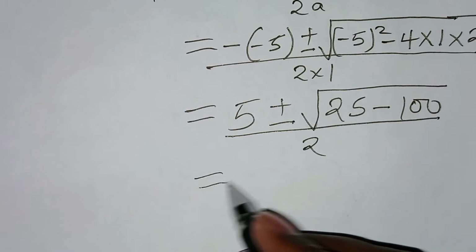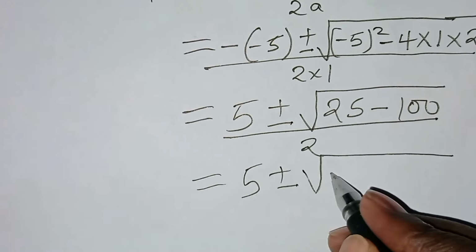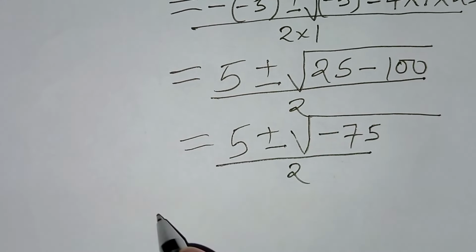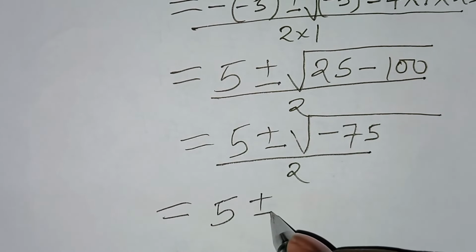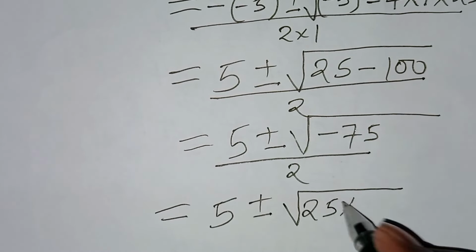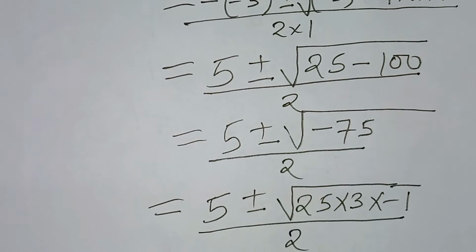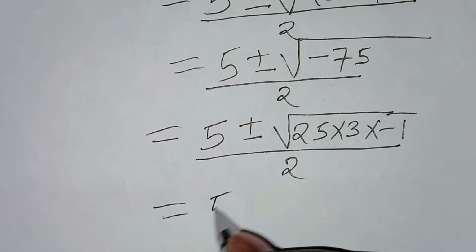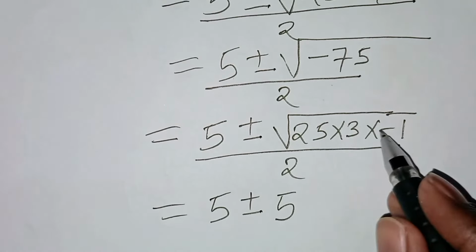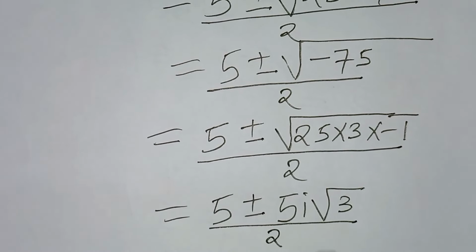The next step here, we have 5 plus or minus the square root of 25 minus 100, this is minus 75, divided by 2. So the next step is 5 plus or minus, we can express the square root of minus 75 as 25 times 3 times minus 1, all this divided by 2. So here we'll have 5 plus or minus the square root of 25, this is 5, the square root of negative 1, this is i, then square root of 3, divided by 2.